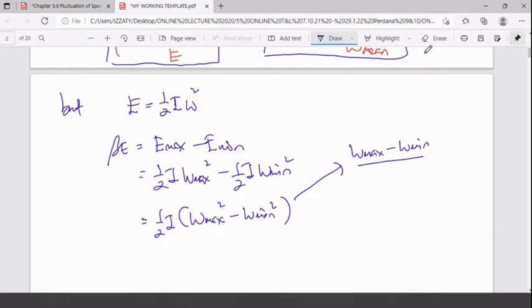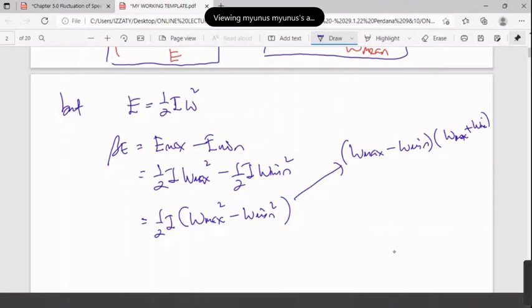Oh, sorry, it's not divided. This one is multiplied by omega max plus omega min. Correct or not?